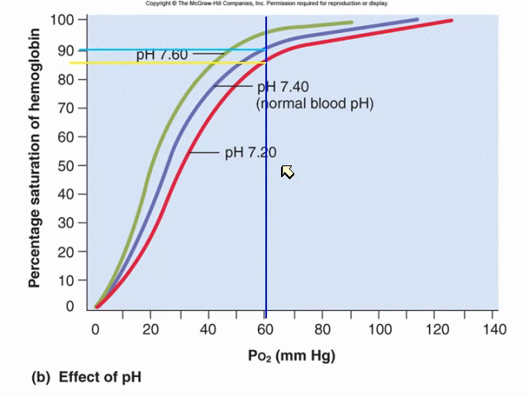At a pH of 7.6, we see that the percent of saturation for hemoglobin is 95, 96%. That's with an elevated pH. Right?